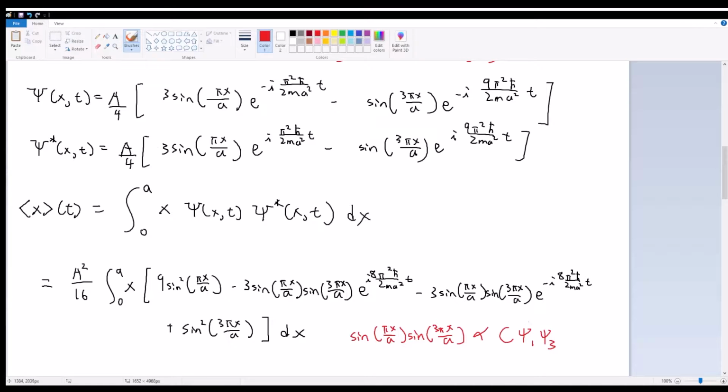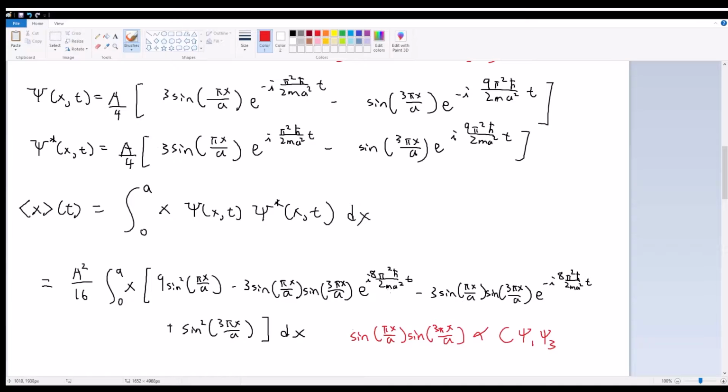And hopefully you remember the concept of orthogonality, which is that taking an integral through all of the valid space, which in this case is from 0 to a because it's an infinite square well, of psi n times psi m star, where n and m aren't equal, is always going to result in 0.